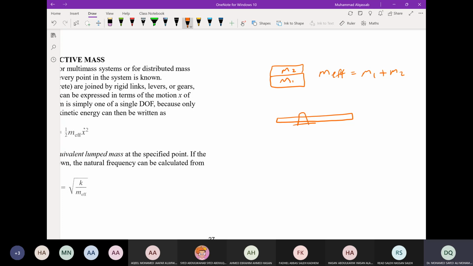But if you have a rigid link and pivoted, you remember one of the examples was something like that. This is a rigid link.